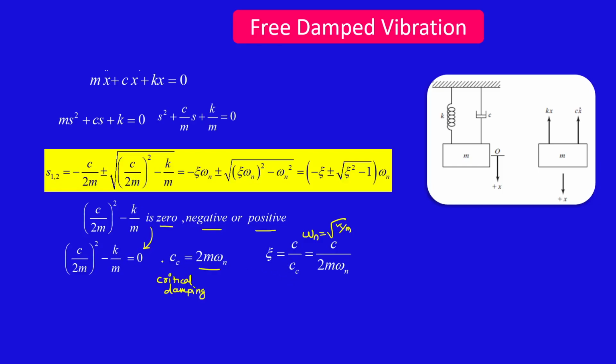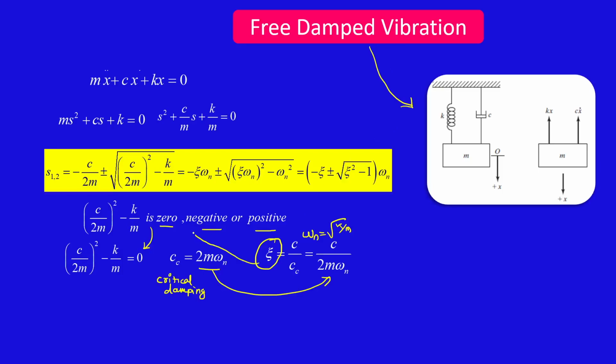If it is 1, then the corresponding damping is called critical damping. Cc is nothing but 2m omega n. Substitute here. So eta plays a major role in the behavior of a free damped system.